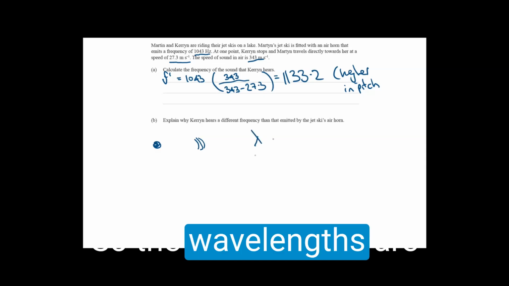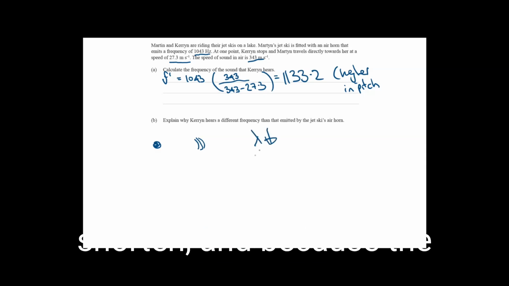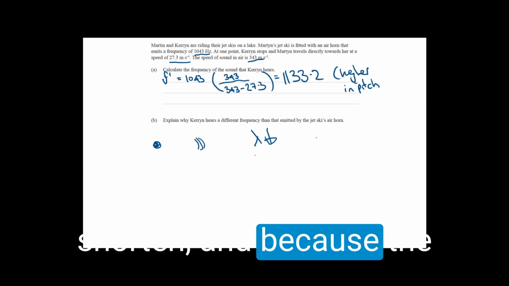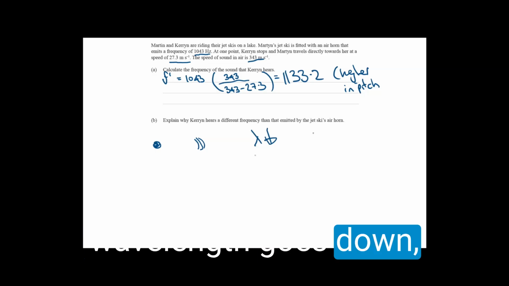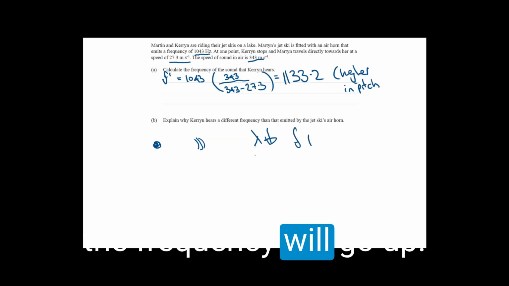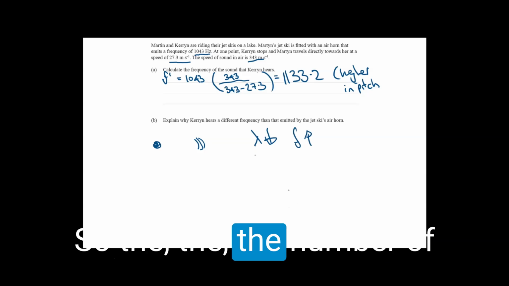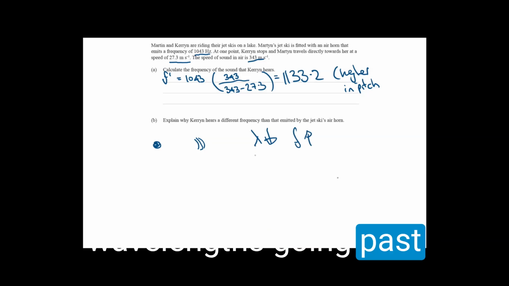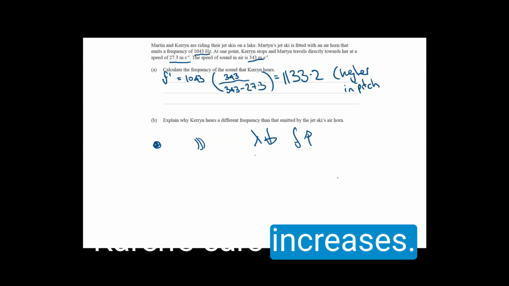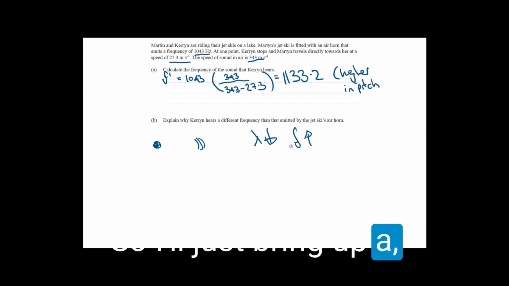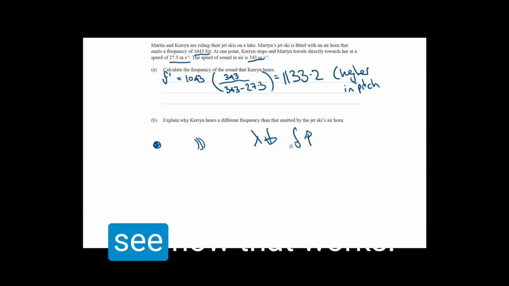So the wavelengths are going to go down and they're going to shorten. And because the wavelength goes down, the frequency will go up. So the number of wavelengths going past Kieran's ears increases. So I'll just bring up a simulation so you can see how that works.